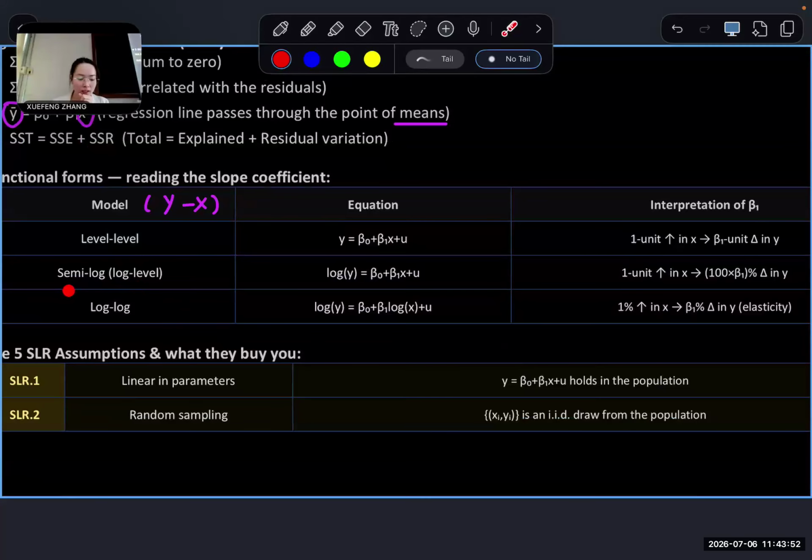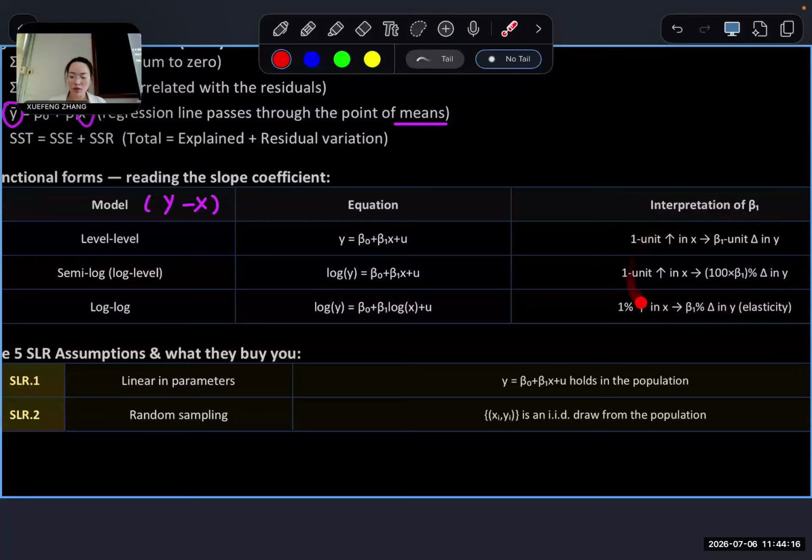Next one is semi-log, which means we take log only for Y, but not for X, okay? We call it semi-log, log-level. Here is the form and how to interpret. Interpretation is very important for you guys, because you have to present your exercise after you finish.